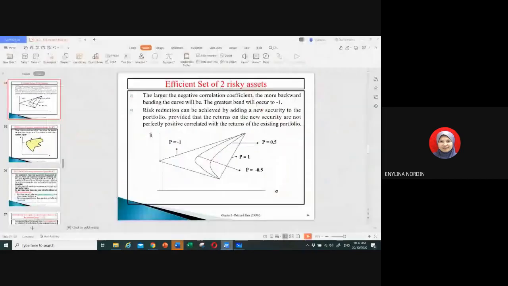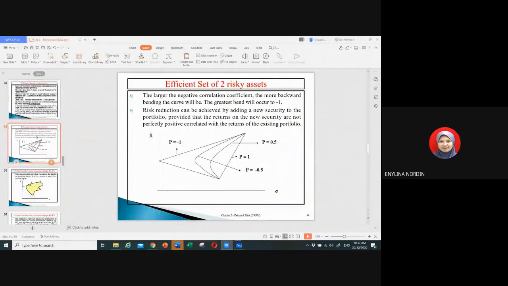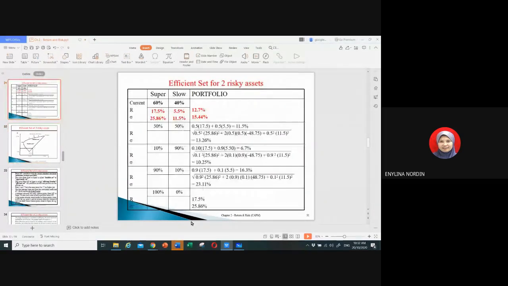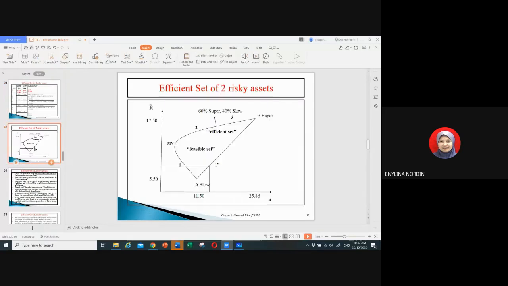So efficient set tadi saya dah sebut. Opportunity set, right, so this will be the opportunity set. Opportunity set start daripada point A, go through this curve sampailah point B. So this opportunity set consists of different combinations. Tapi dalam banyak-banyak combination here, which combination is considered the best and the most efficient or the most profitable to the investors?